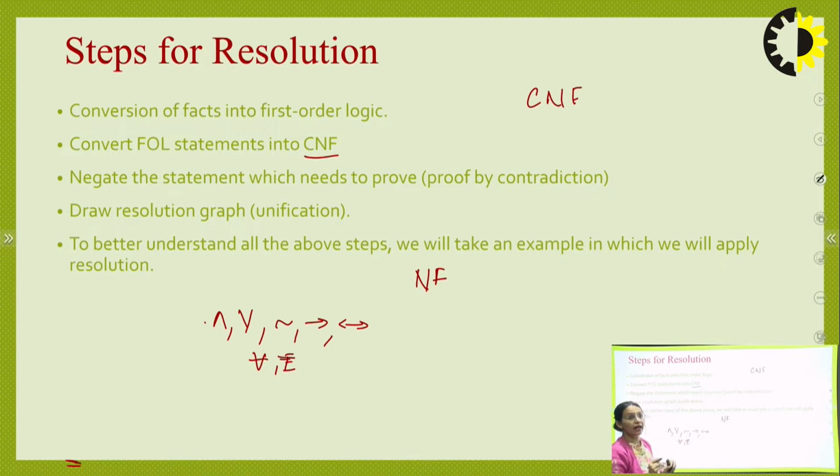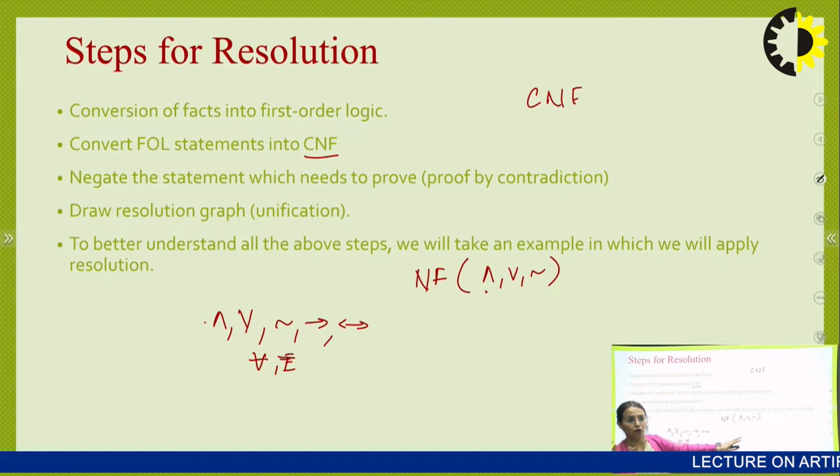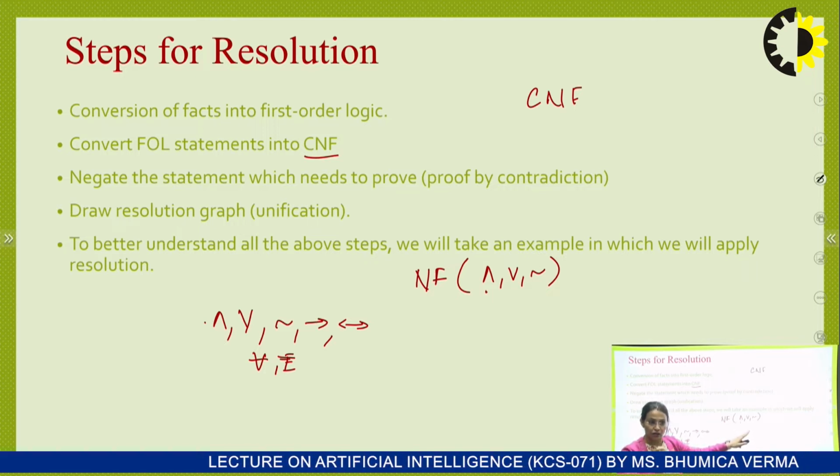The clause can have all these connectors, but the normal form says I have to resolve all these operators. The normal form only includes three operators: AND, OR and negation. All the other operators must be replaced by some formula. So the normal form says there will be only these three connectors in the clause.